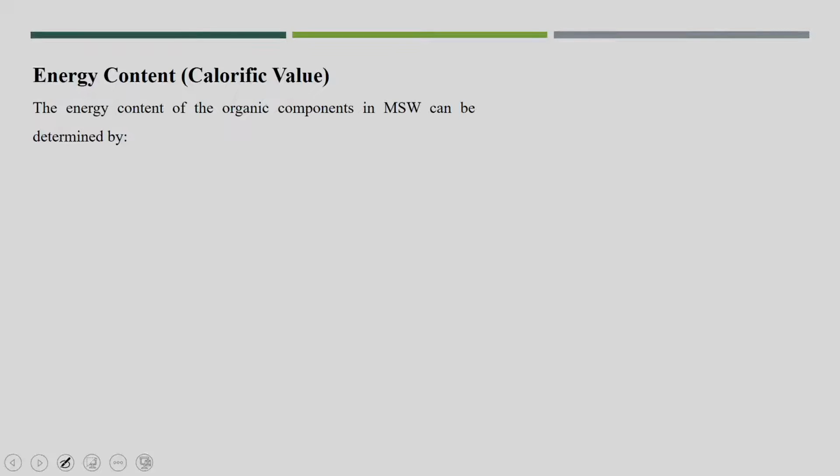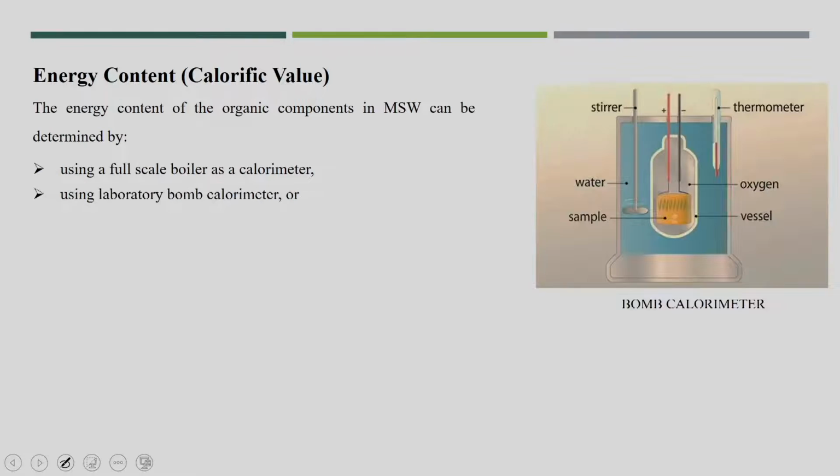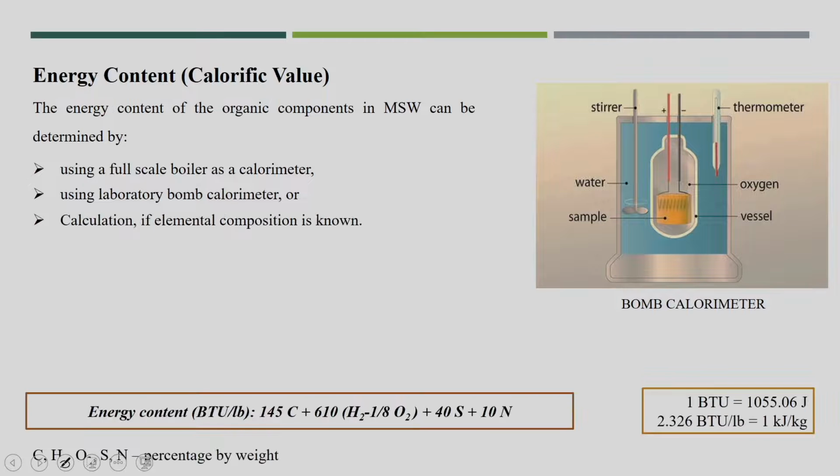Now, another parameter is called energy content or calorific value. This is normally determined by a full scale boiler calorimeter, or in the laboratory by a bomb calorimeter. This is one small diagram of the bomb calorimeter. In a vessel the waste is combusted, and normally this energy content is calculated by this formula using the concentrations of carbon, hydrogen, oxygen, sulfur and nitrogen.